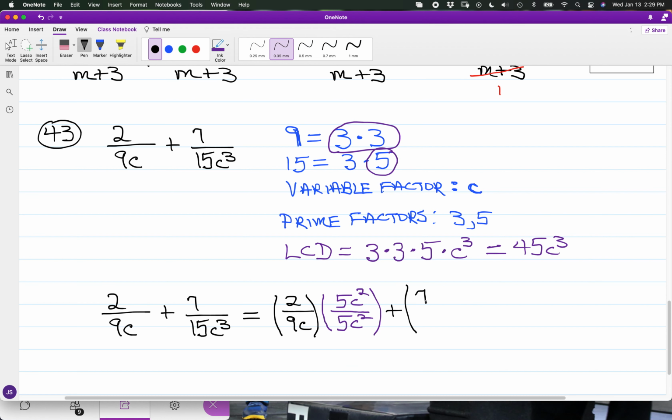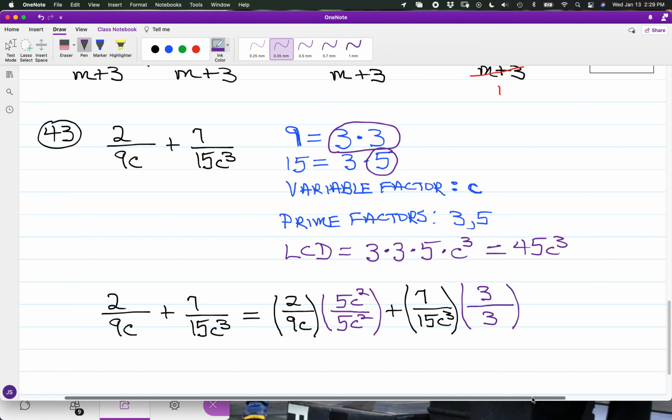As for 7 over 15c cubed, 15 will go into 45 3 times. And we already have c cubed; c cubed goes into itself 1 time.